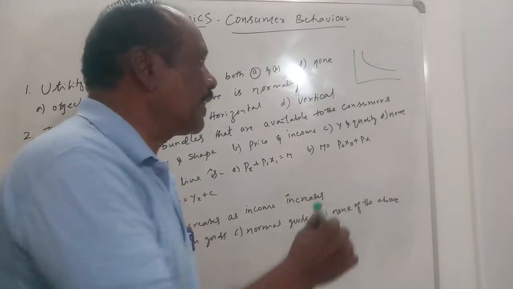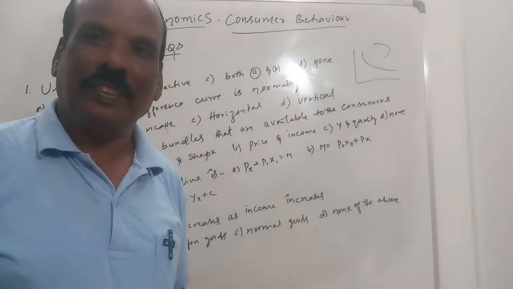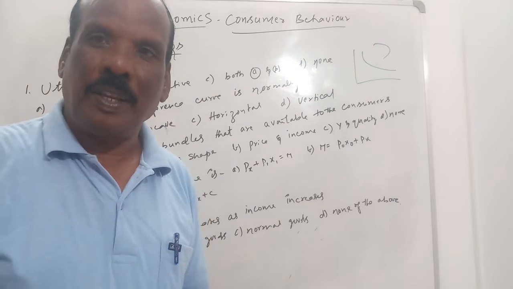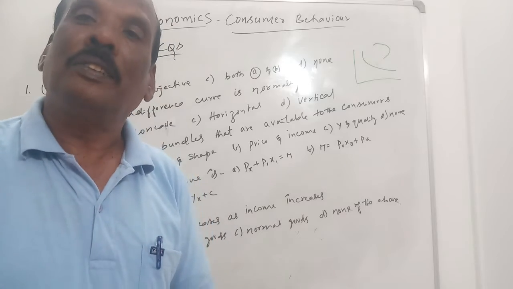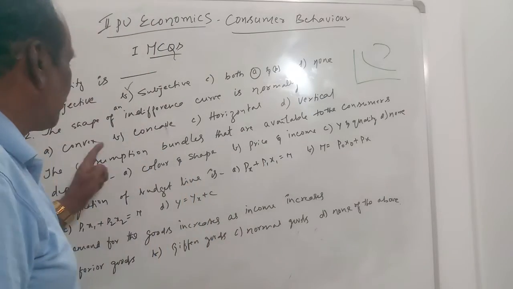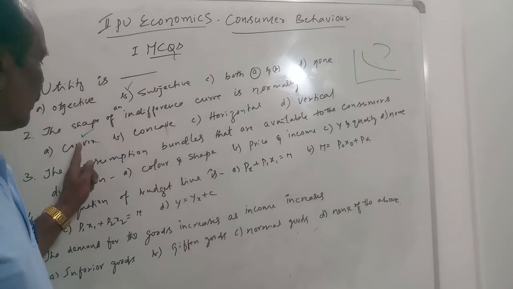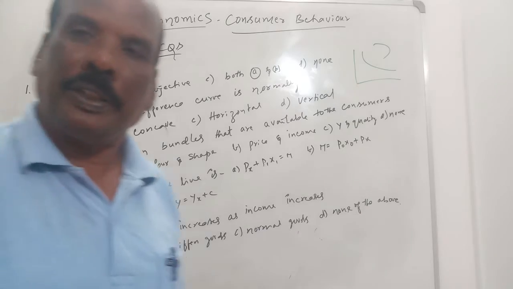It is not concave like this. It is not concave like this. It is convex to the origin. Normally, indifference curve is convex to the origin. Right, you have to write convex to the origin. This answer has to be given.